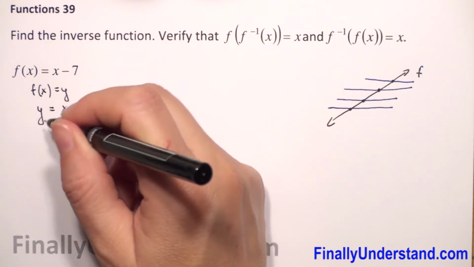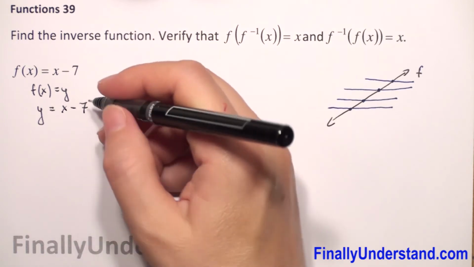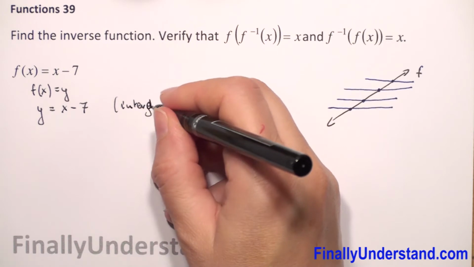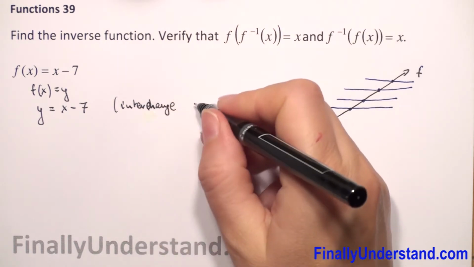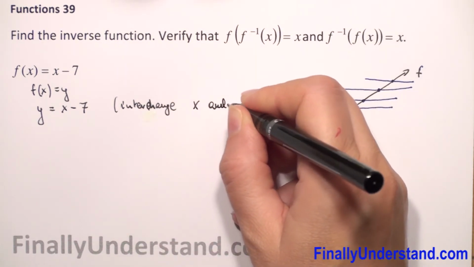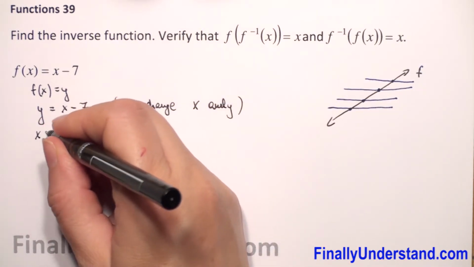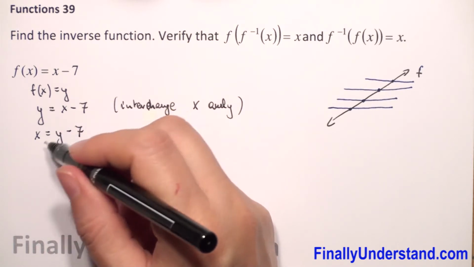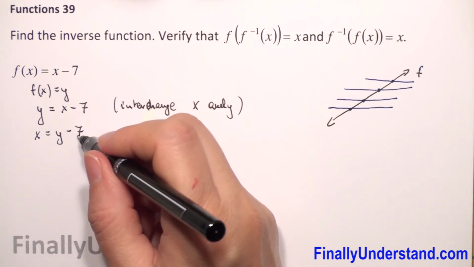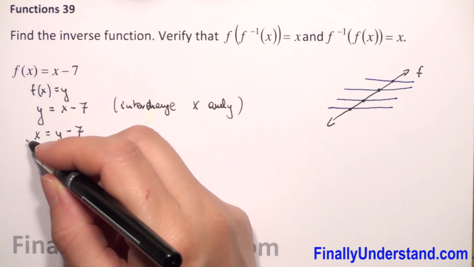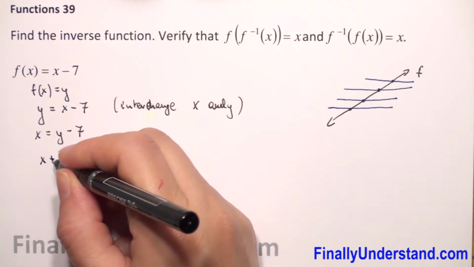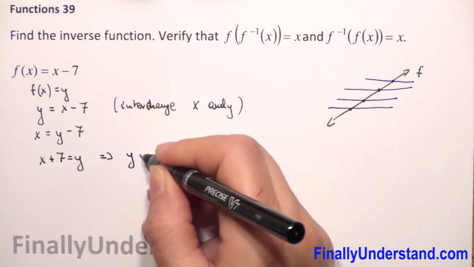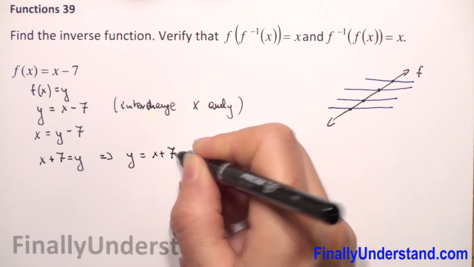Next, we interchange x with y, and so we have x is equal to y minus 7, and now we have to solve this equation for y. So I will move negative 7 to the left, so we will have x plus 7 is equal to y. So we can rewrite that this is y equals x plus 7.